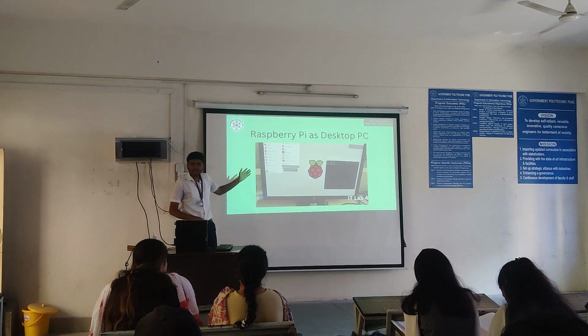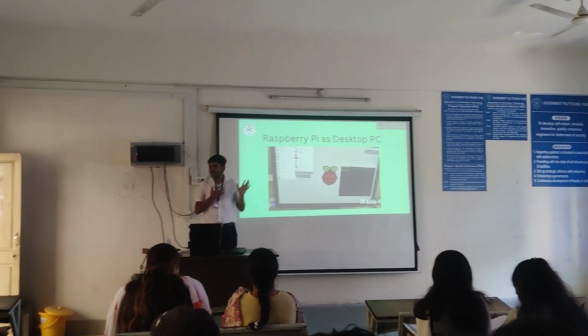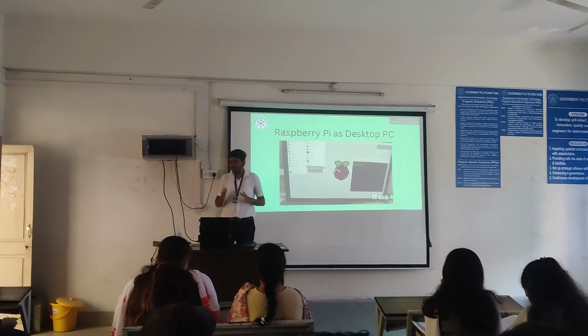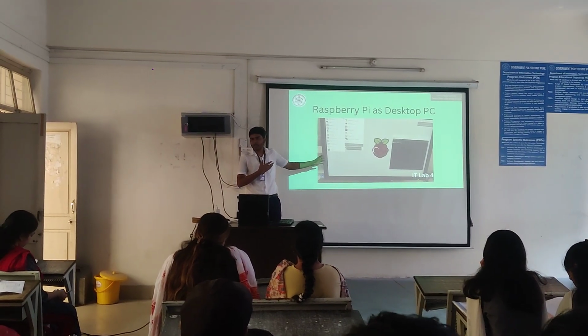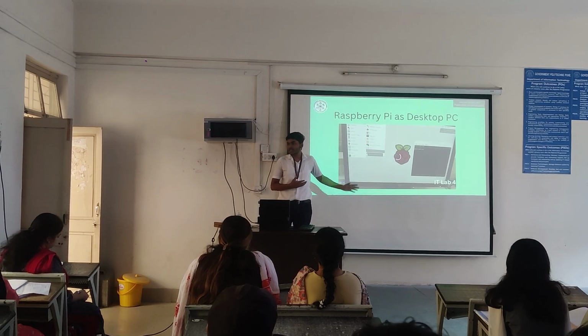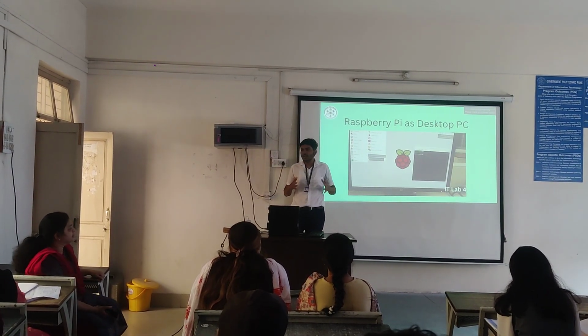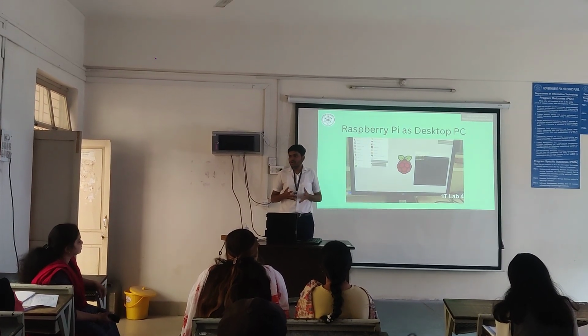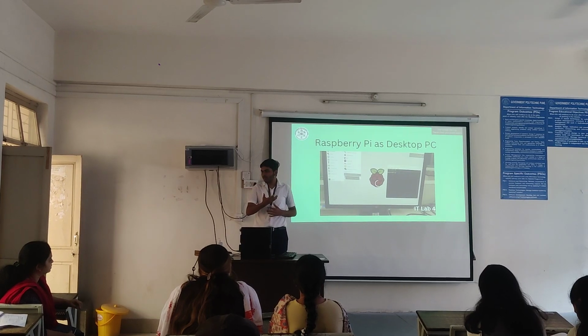You can see here it is working properly like a desktop PC. This setup was established on a blackboard, and all ports are connected to the Raspberry Pi. The operating system used here is the Raspberry operating system, which is provided by the Raspberry Pi Foundation. The Raspberry Pi Foundation is the creator of Raspberry Pi, so they provide the OS for Raspberry Pi.